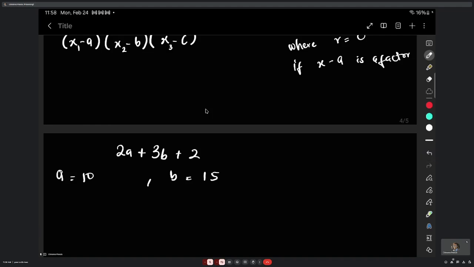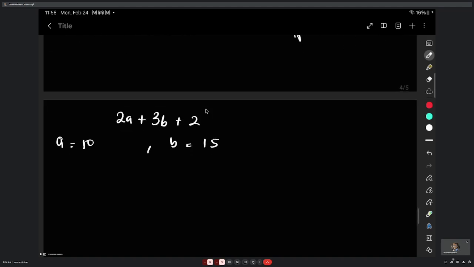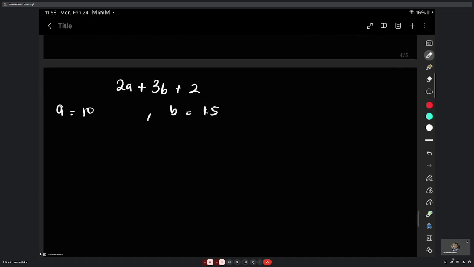It may be factorizable after subtracting from B. Let's just calculate and follow the process. If we partially evaluate 10 plus 3, 15 plus 2, what was the answer here? 67.